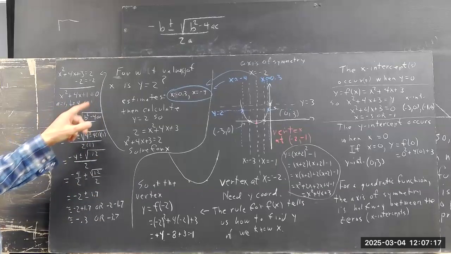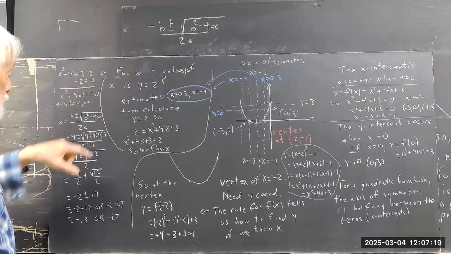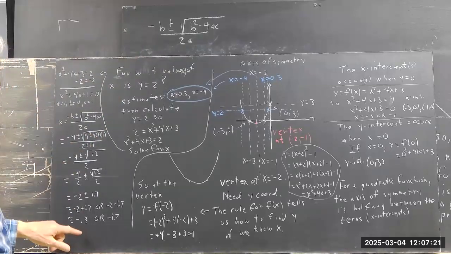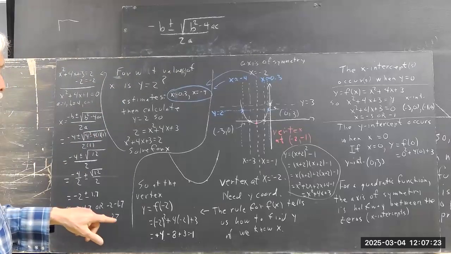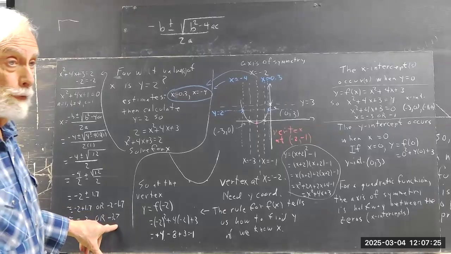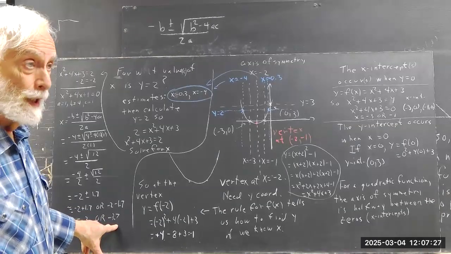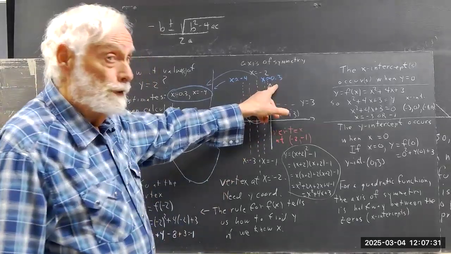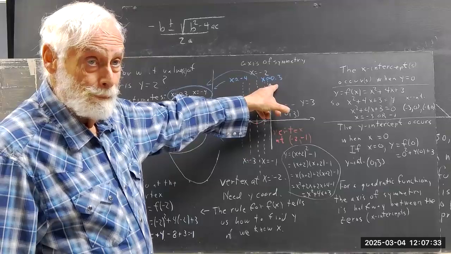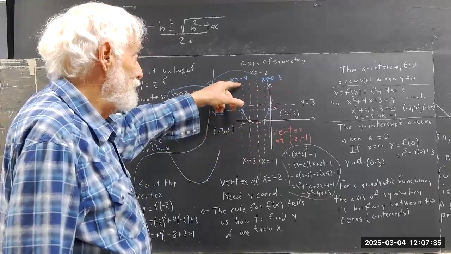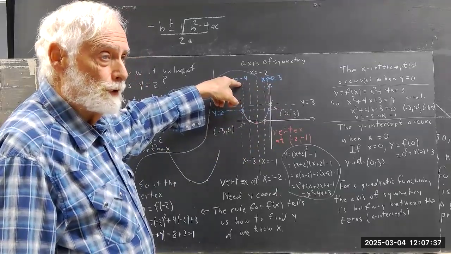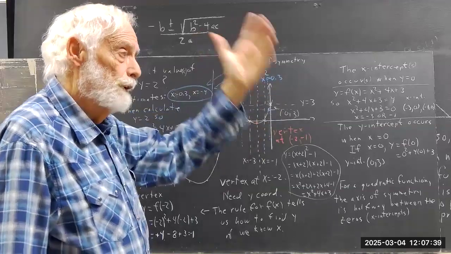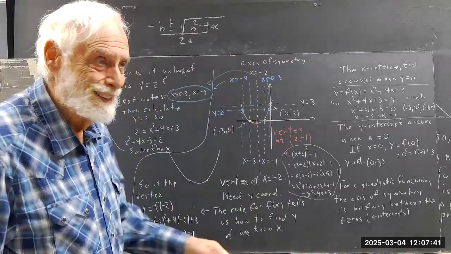I plug the a, b, and c of this equation into the quadratic formula, and I get x approximately -0.3 and approximately -3.7. That agrees pretty well with what I got here. It nails -0.3. And -3.7 is close to -4. My graph wasn't as good as the graph everybody in class got.